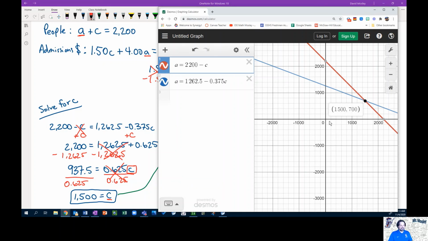The x-axis is representing C, the number of children. The y-axis is representing A, the number of adults. The intersection says there are 1,500 children and 700 adults, where the two lines are equal. So it's another way of finding the solution. If you do not have access to Desmos or a graphing calculator, doing it by hand is the best route to finding the solution in this case.